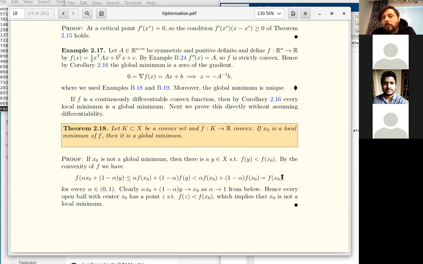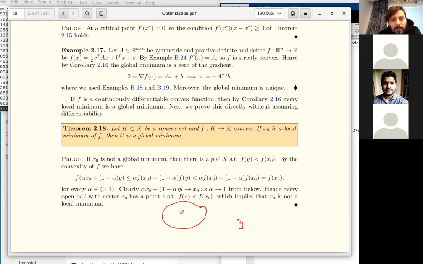These proofs are not terribly hard. You should go through this to understand what is going on. You can draw a picture here. Let's say this is my x0, and here is my point y. Local minimum means that in some surroundings of x0, it's the smallest.